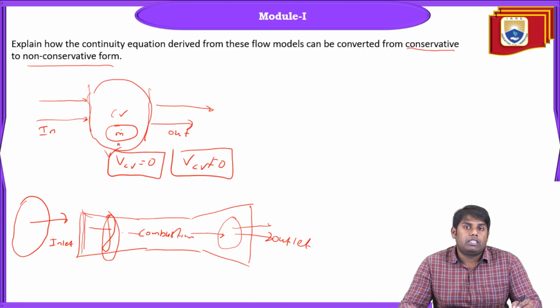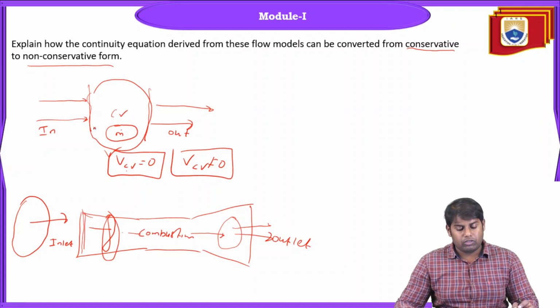With these aspects, we derive the energy equation, momentum equation, and continuity equation. When it is fixed in space, we say the equations we derive are in conservative form. When it is moving with the flow, we say the equations are in non-conservative form. That is the difference.